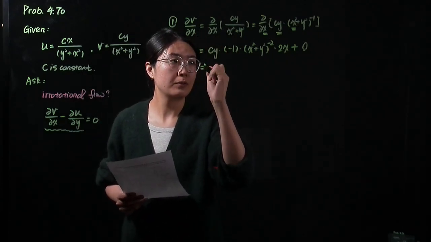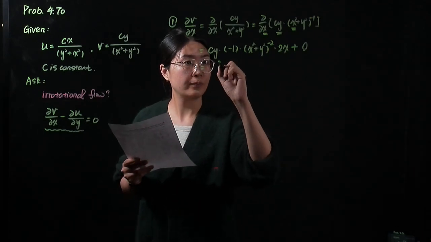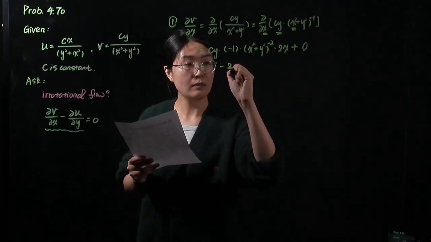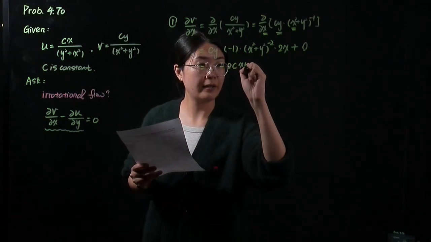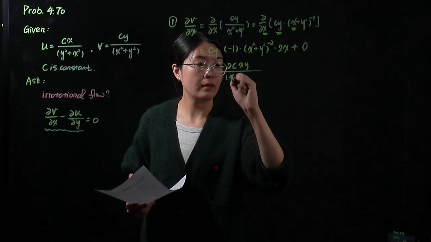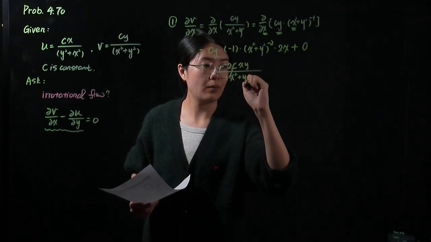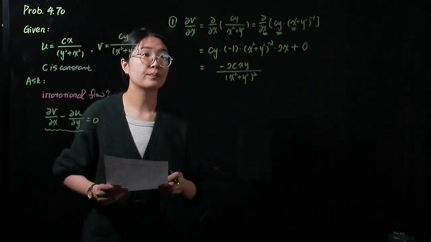After we reorganize, it equals minus 2 times c times xy over x squared plus y squared to the power of 2.